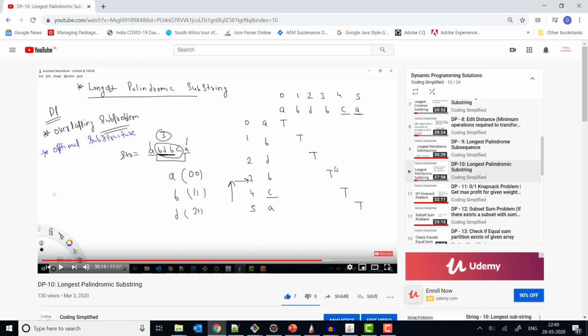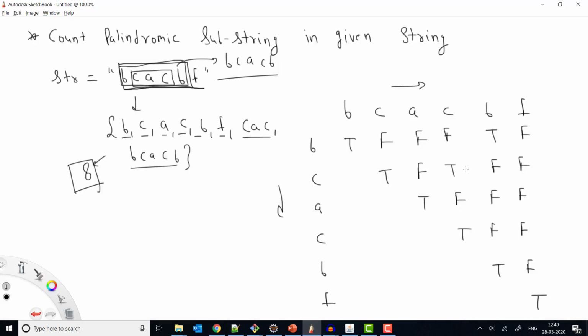So now I am assuming that you have seen that video, so let's proceed. In that video, first of all we assign all the diagonal values to true. Diagonal values mean each string is of length 1, so each has at least that substring, right?